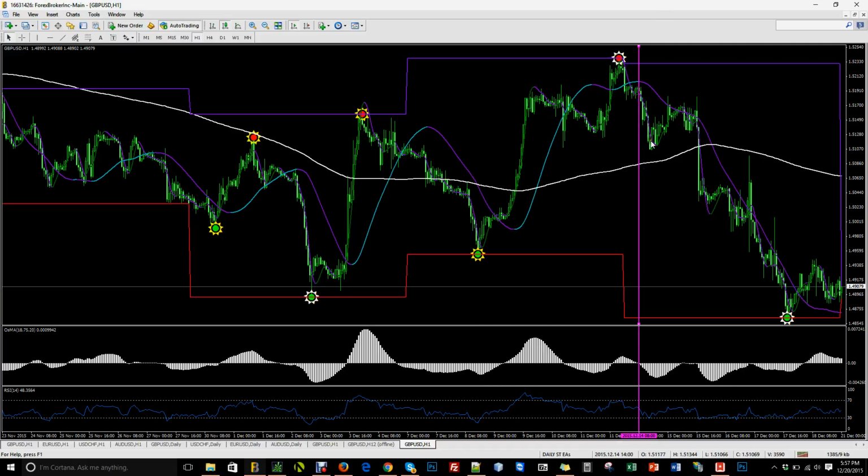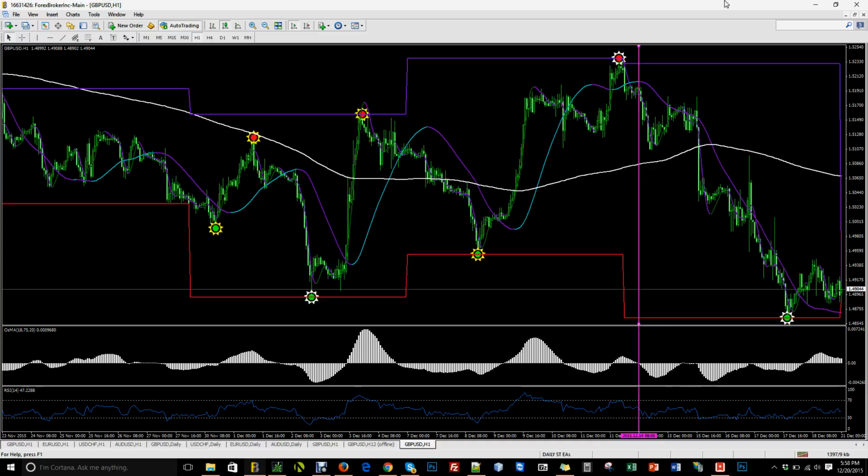And then, boom. Headed down, retrace back up to that Hall moving average, but look at that, boom, broke down. So that's really all there is to the Poppin Picasso.